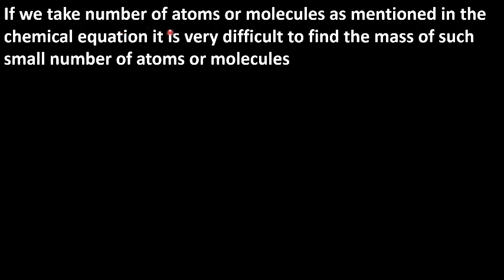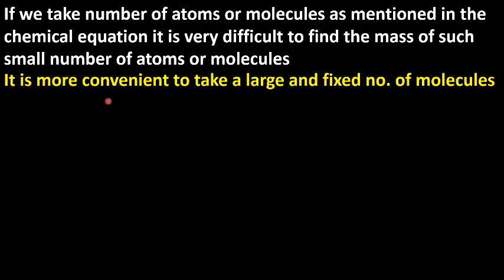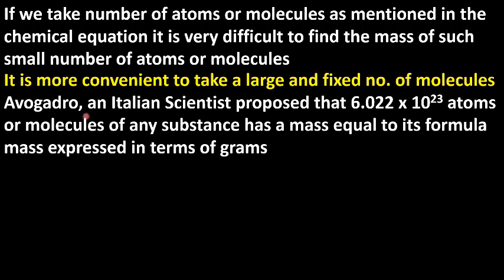If we take the number of atoms or molecules as mentioned in the chemical equation, it's very difficult to find the mass of such a small number of atoms or molecules. Therefore, we have to consider a large number of molecules. So, it's more convenient to take a large and fixed number of molecules.